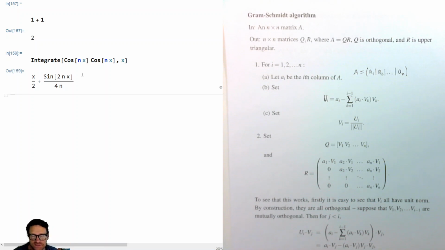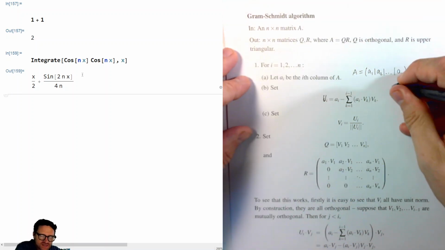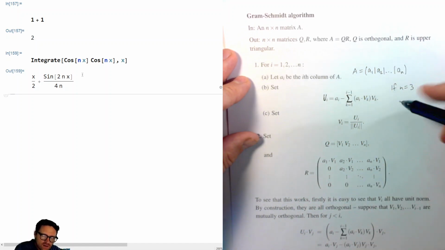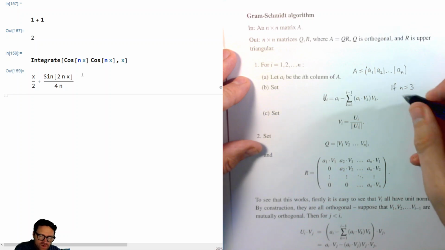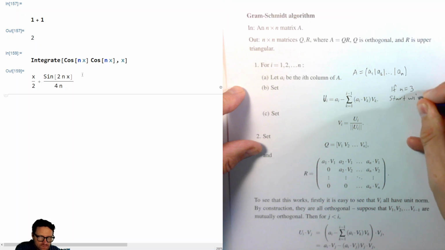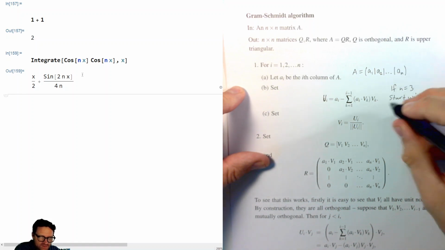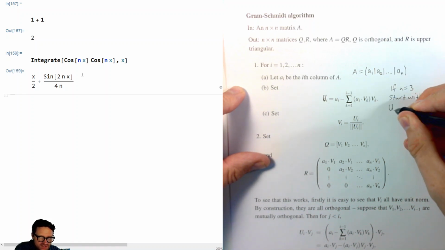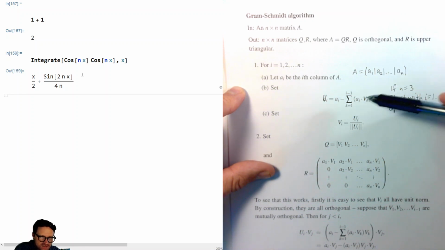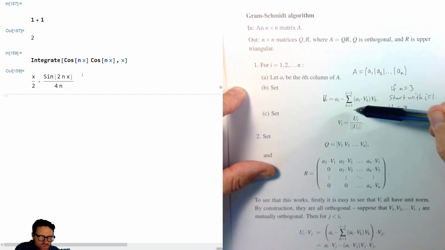All right, but let's just talk about this in the case that n is equal to 3. So if n is equal to 3, then what are we looking at here? Well, we would start with i equals 1. Then we've got uppercase U1 is equal to a1, and then minus, now notice where the i is, the top of that sum is 0, but the bottom starts with 1.